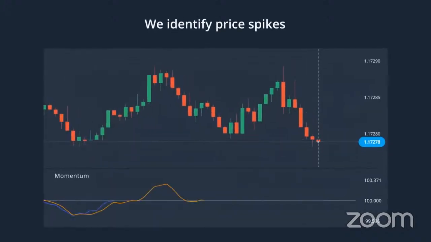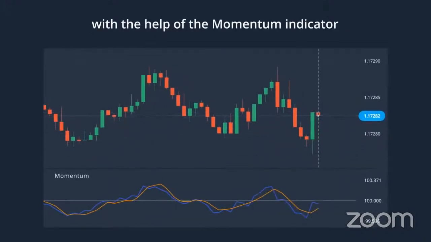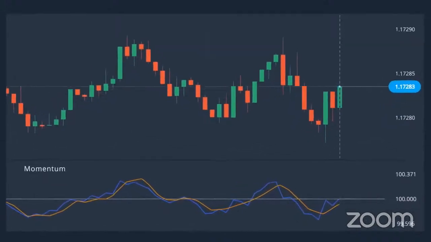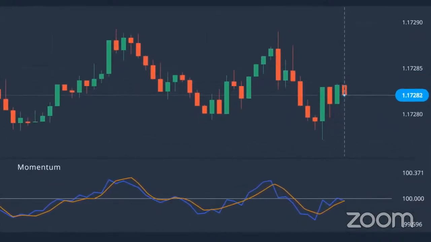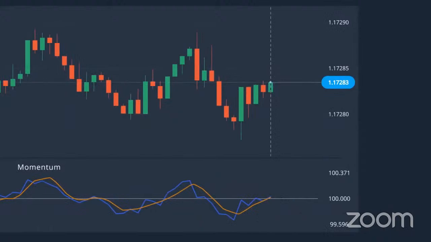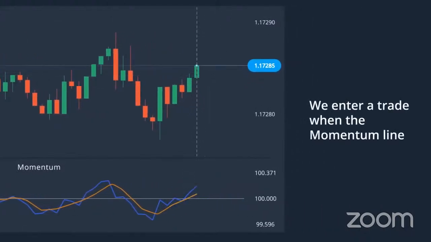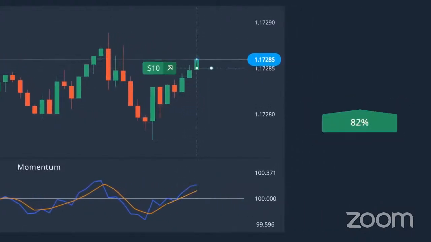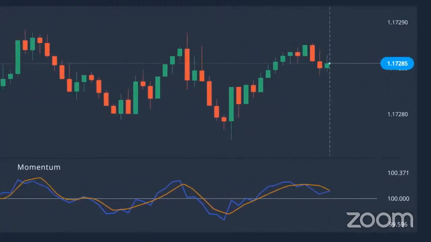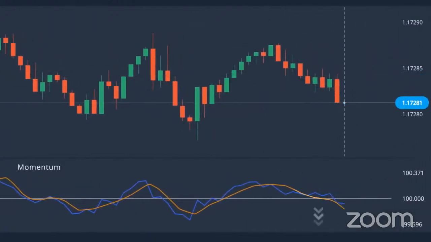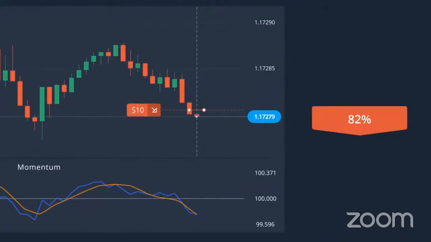With the help of the momentum indicator, we can identify price spikes and open profitable trades. To earn income, all you have to do is open the trade on time. If the momentum signal line crosses the level of 100 upwards, we open an up trade. And conversely, if the signal crosses the level of 100 downwards, we open a down trade.